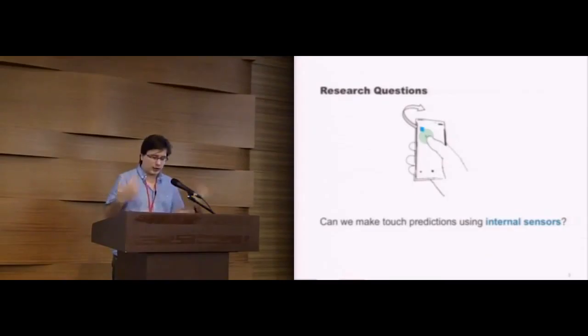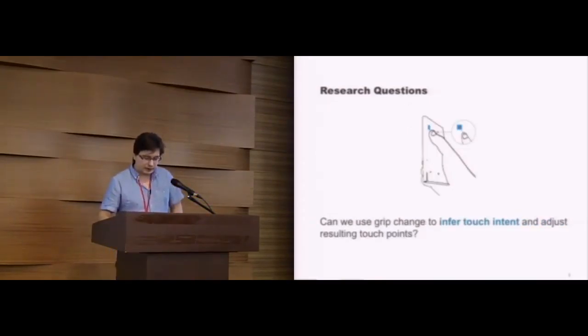In our work, we're interested in two research questions. First, can we predict where a user's finger is going to land through this grip change, but only detecting it using internal sensors, just accelerometers and gyroscopes, which are found in common mobile devices? Second, can we use this grip change to predict where they intended to touch down?